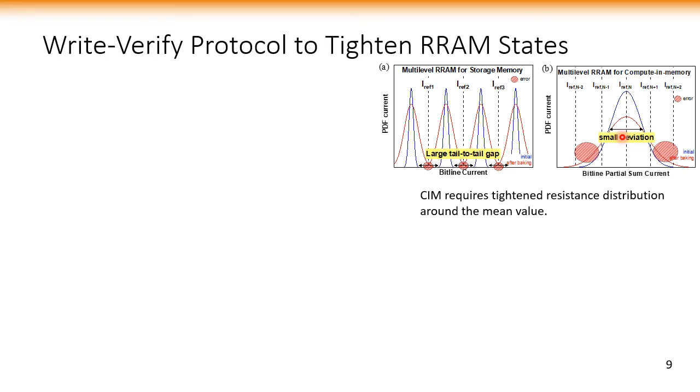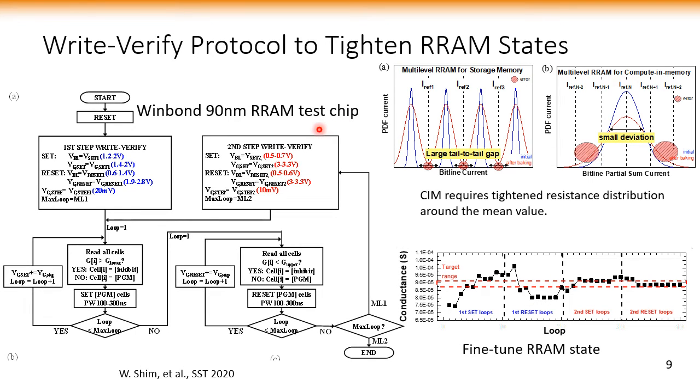To tighten the RRAM resistance distribution, we develop a protocol to further do the write and verify. I will skip the details of the write and verify protocol, but the idea is to converge the conductance through multiple write and read pulse sequences to the target level. Here we show one fine-tune evolution of the RRAM resistance.